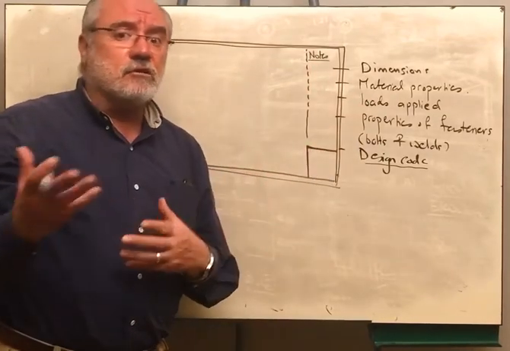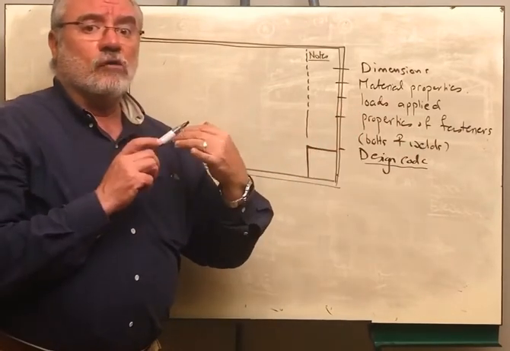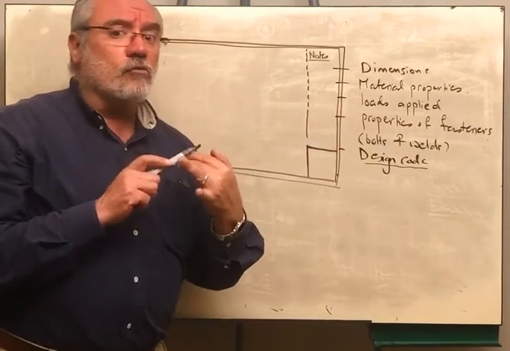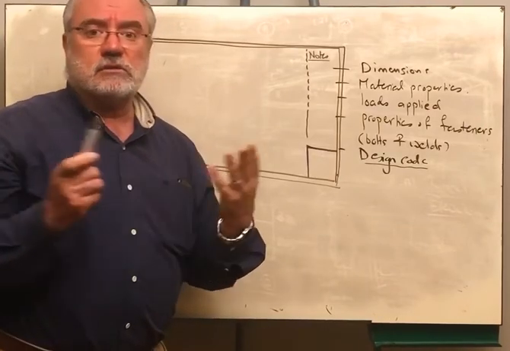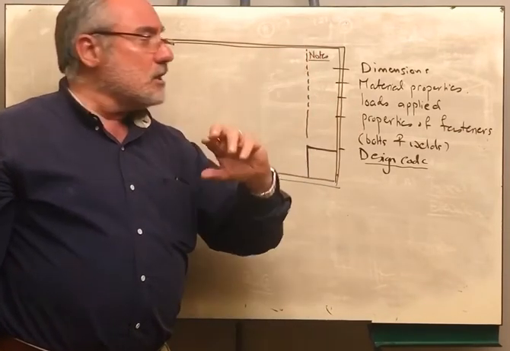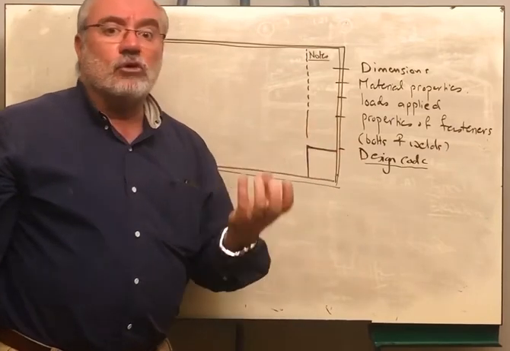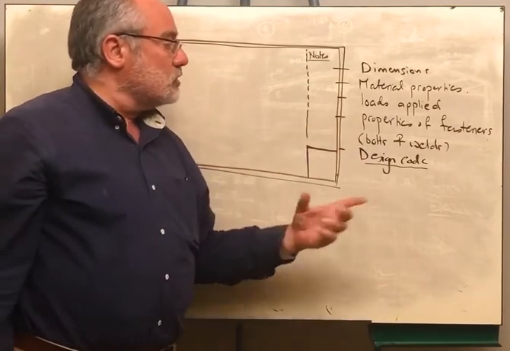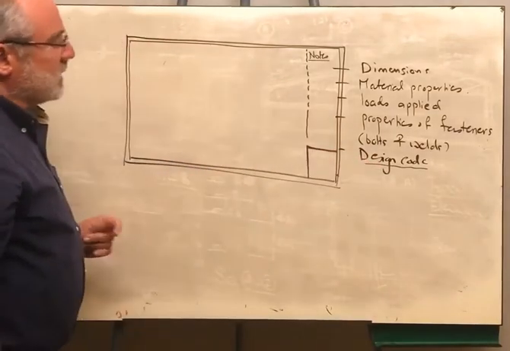I'm using steel 37 or mild steel. What kind of loads, how much of a live load I'm considering, how much of wind load I'm considering, how much of finishes, if we have the weight of the cladding material and all of that. The properties of fasteners, what type of bolts I'm using, what type of welds we are using, and also the design code that is used to design all of these elements.